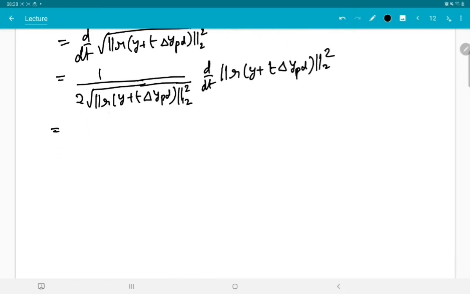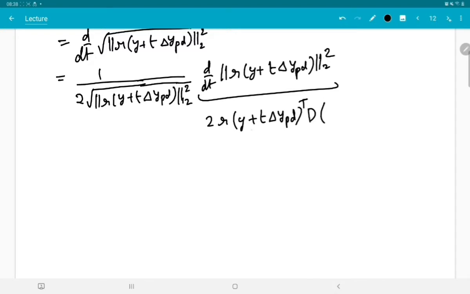And by further chain rule, this part is 2 times r of y plus t delta y_pd transpose times the differential of the residue, times delta y_pd by chain rule.